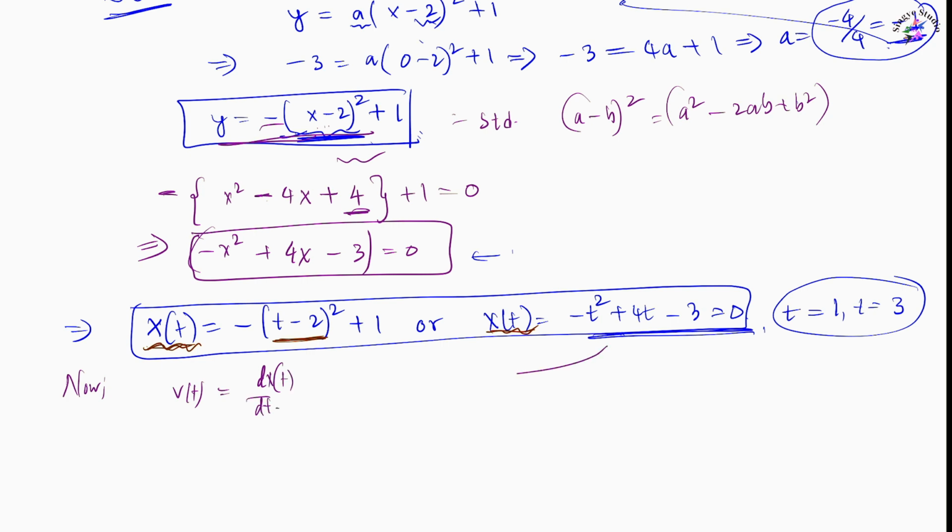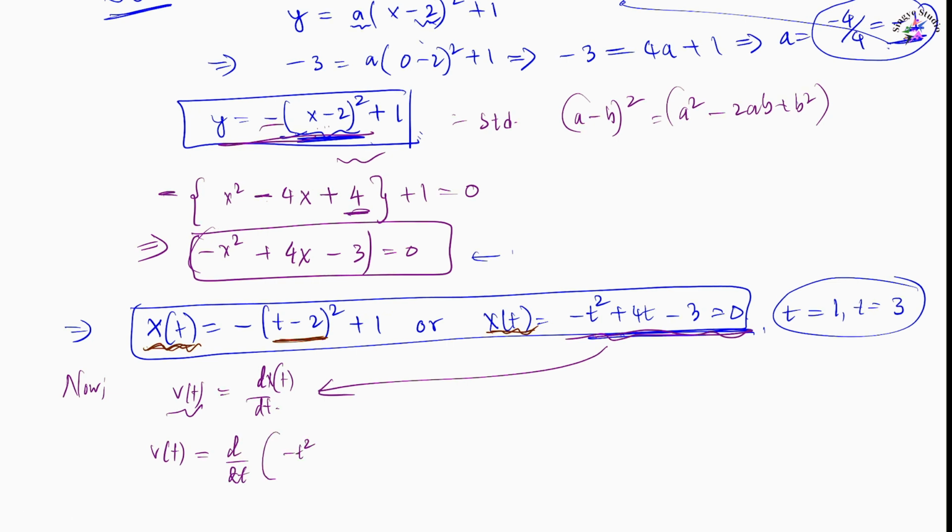So we just need to differentiate this equation to find the expression for the instantaneous velocity. So we have v(t) equals d/dt of negative t squared plus 4t minus 3, which will be negative 2t plus 4.